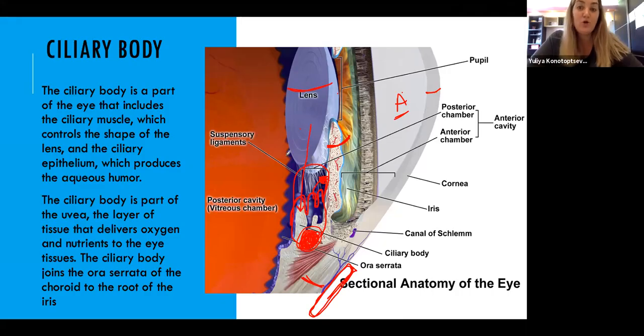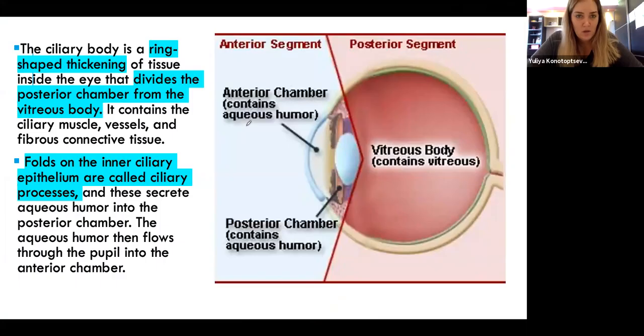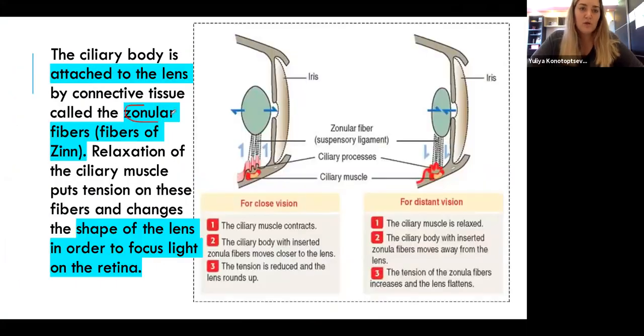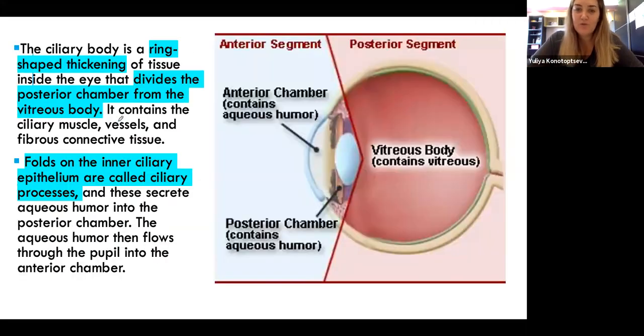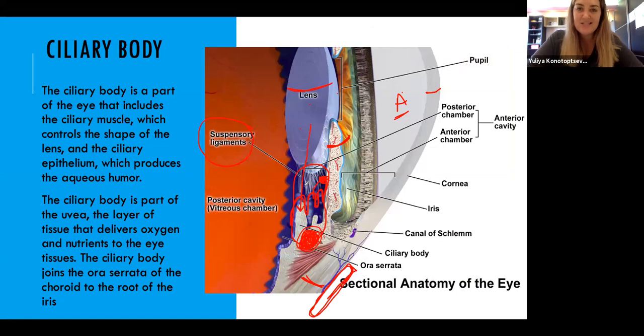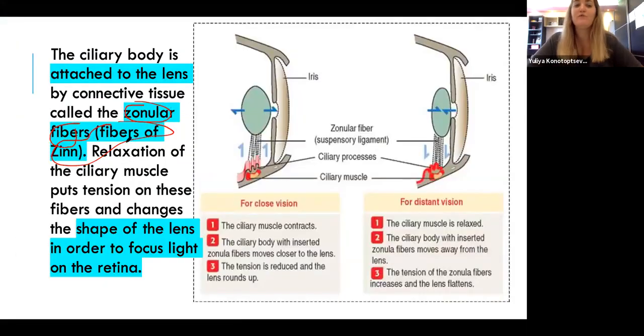What do we call the connection of the lens to the ciliary body? We call it suspensory ligaments, zonular fibers, or fibers of Zinn. Three names for the same thing. So the ligaments which attach the lens to the ciliary body are known as the suspensory ligaments, zonular fibers, or fibers of Zinn.